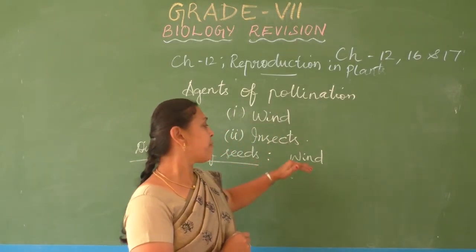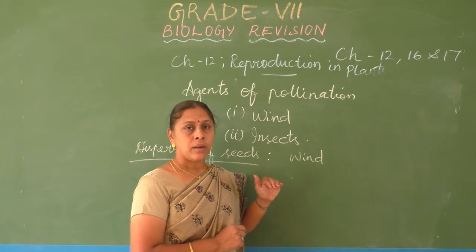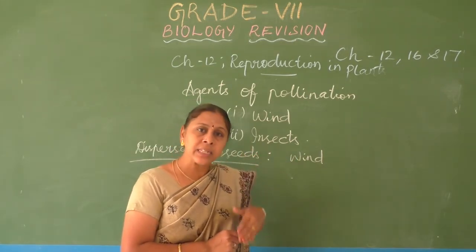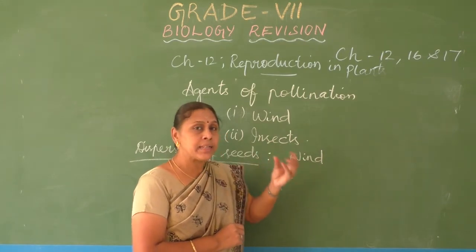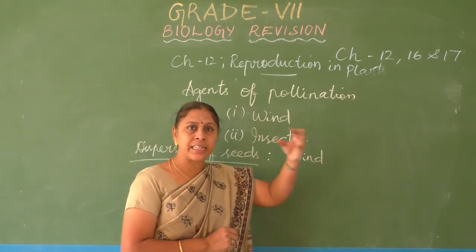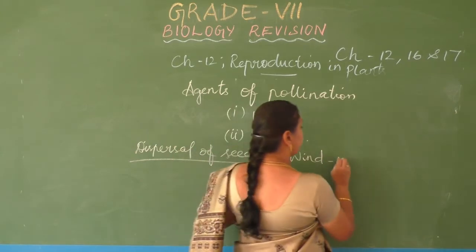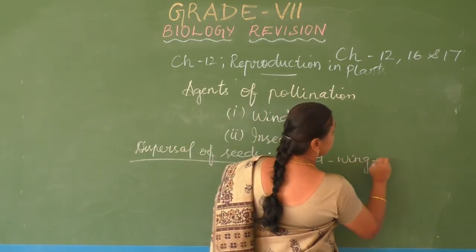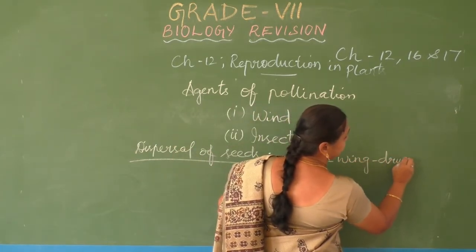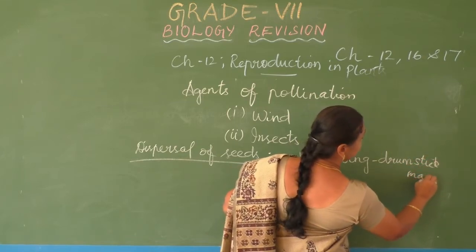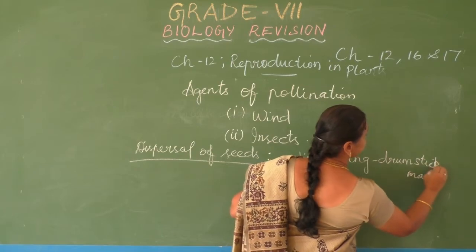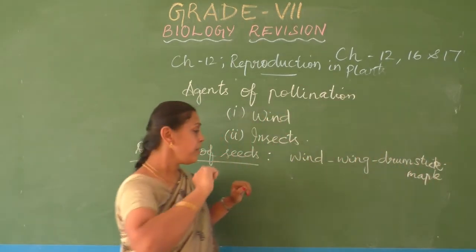For this, the wind helps. Some adaptations are there in the seeds also. Seeds with wings and lightweight seeds will be carried. For example, drumstick seeds and maple have wings, and they will be carried away by the wind.